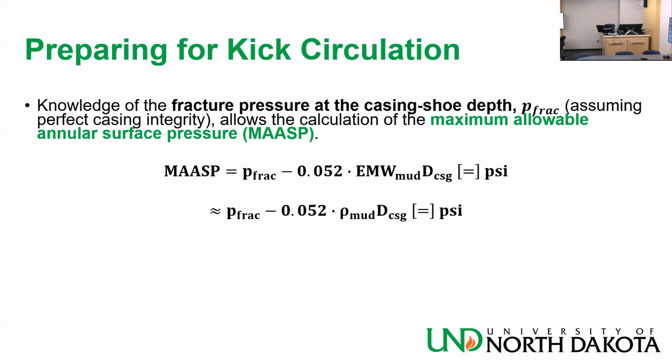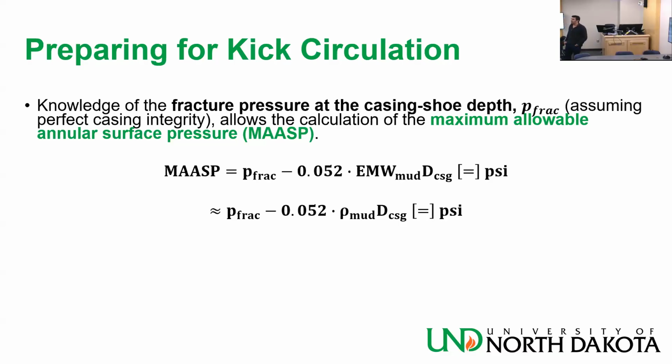What is the only difference in these equations? The difference is just the EMW and the density of the mud. Which is bigger between the two? The EMW is bigger.